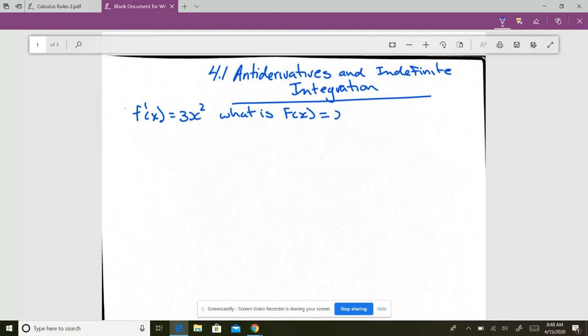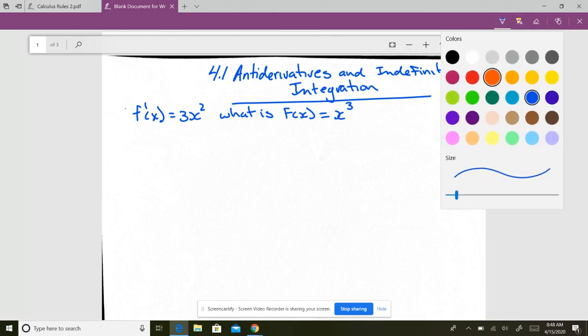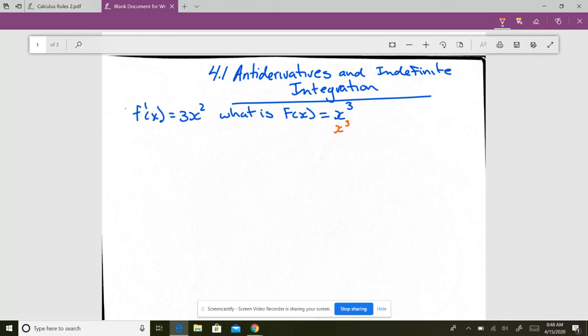If you said x cubed, you would be right, but there are an infinite amount of answers. It could be x cubed, it could also be x cubed plus 1, or x cubed plus 7, or x cubed, let's not do plus, let's do minus 100.